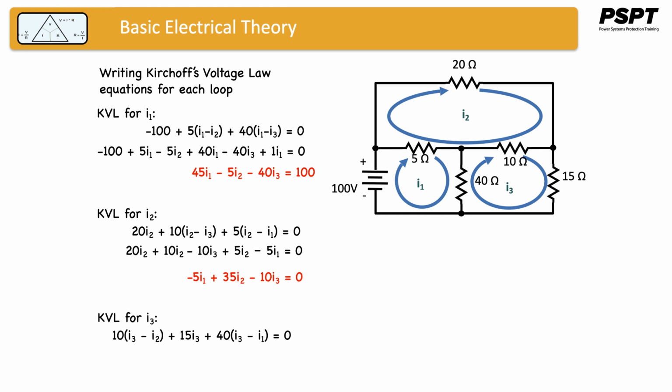Next step, open up the brackets, which gives us 10I3 minus 10I2 plus 15I3 plus 40I3 minus 40I1 equal to 0. Collecting like terms, we're left with the equation minus 40I1 minus 10I2 plus 65I3, all equaling 0.